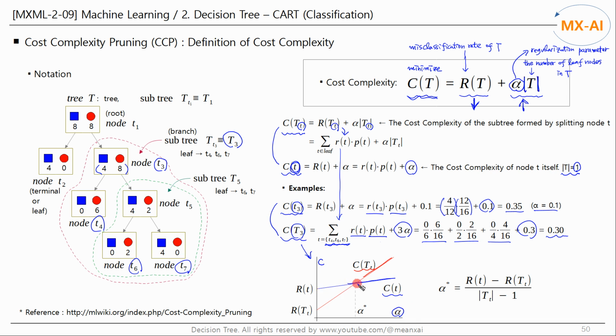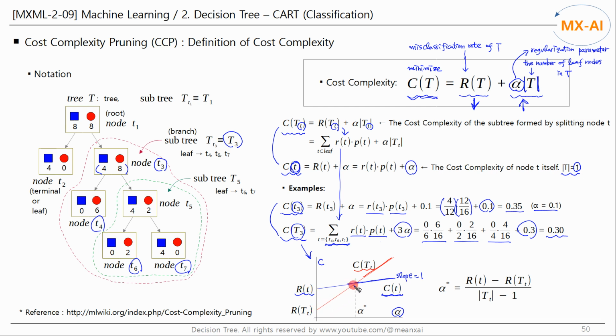Let's start with the blue line. This line represents the cost complexity of a single node. Since it has only one leaf node, its slope is 1. Its y-intercept is the misclassification rate, R of t.